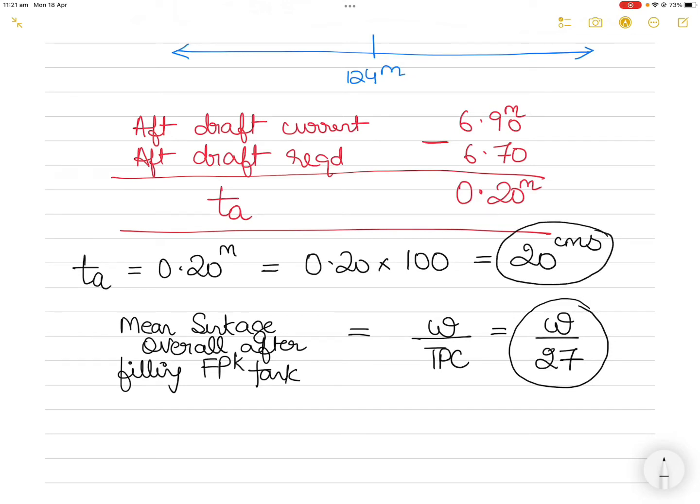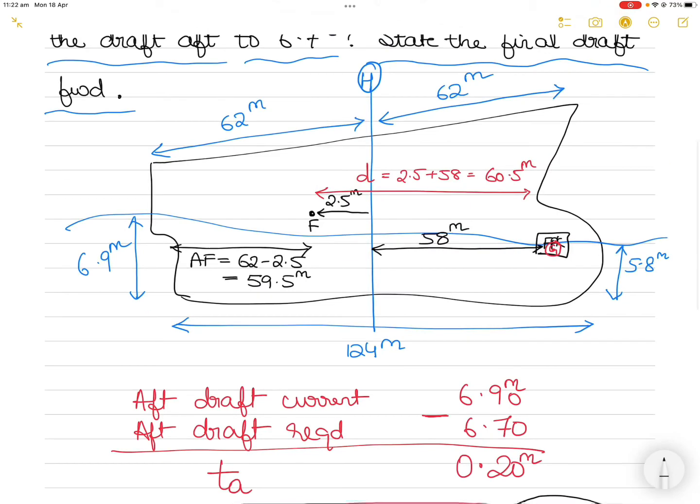I don't only have to lighten the vessel by 20 centimeters, I also have to lighten it by this amount here, the mean sinkage. When I load the water in the fore peak tank, the overall sinkage will of course happen.